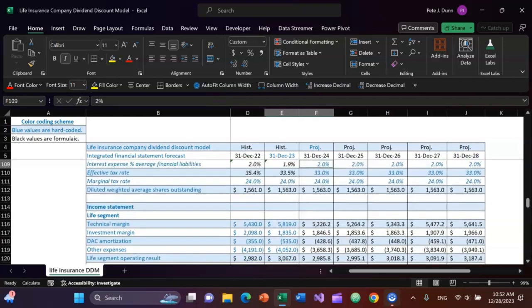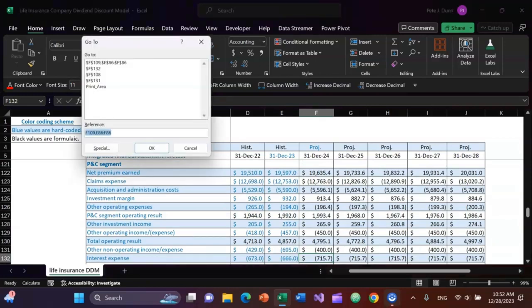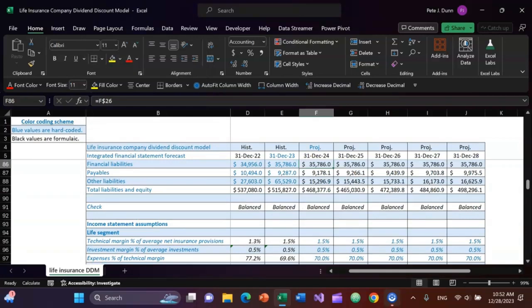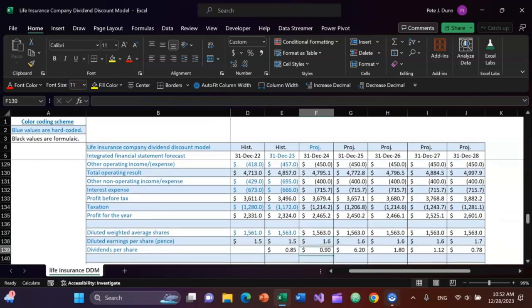So control left bracket. You can see the assumption was 2% per year. Then I'll do F5, reference row 86, and you can see what the financial liabilities were. Those reference the original balance sheet assumption.